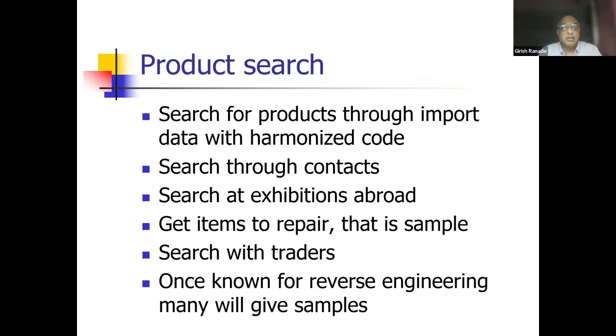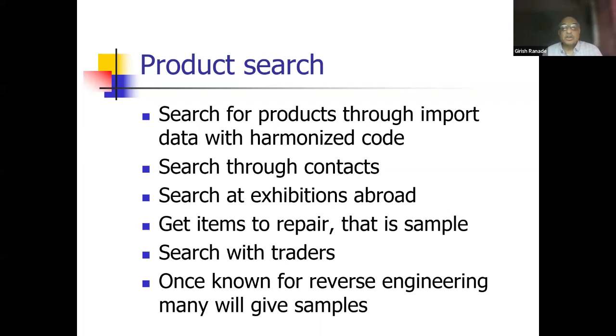Nowadays, import data is easily available, and we all have the HSN code, the harmonized code, and through that code one can really get import data. A product which is imported in good quantities is the product which can be copied or considered. That is one of the ways.